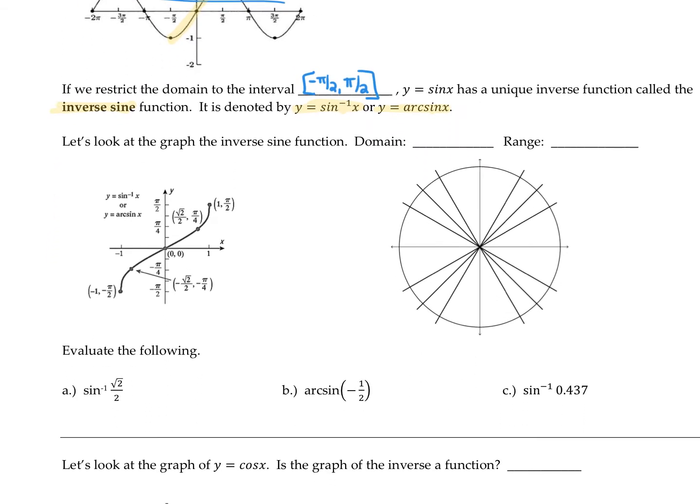When I look at the graph of the inverse here, I can see that my domain goes from negative 1 to 1, and my range is going to go from negative pi over 2 to pi over 2.